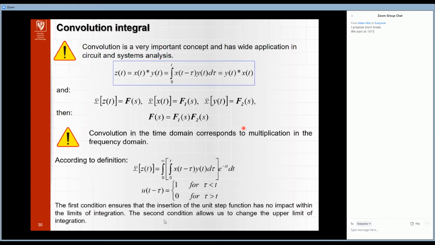And according to the definitions, now I put the definition of convolution into the definition of the Laplace transformation, with some conditions connected with the step functions. So we can try to prove that it is true.